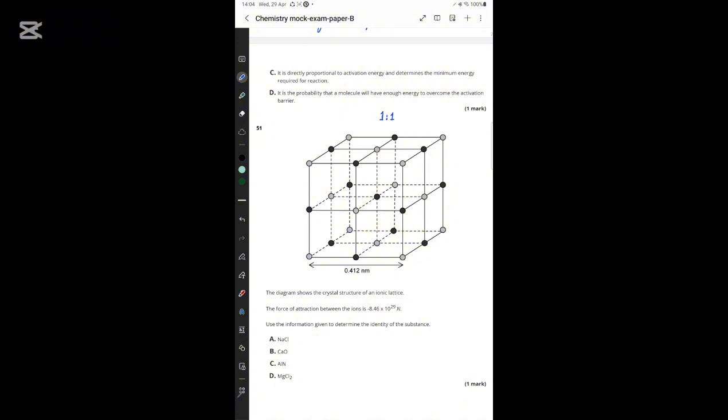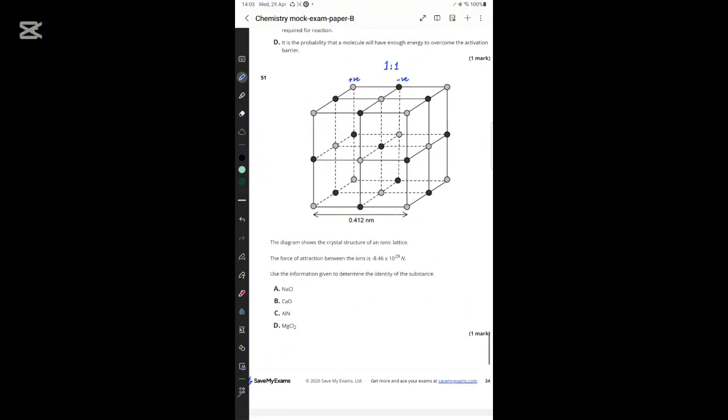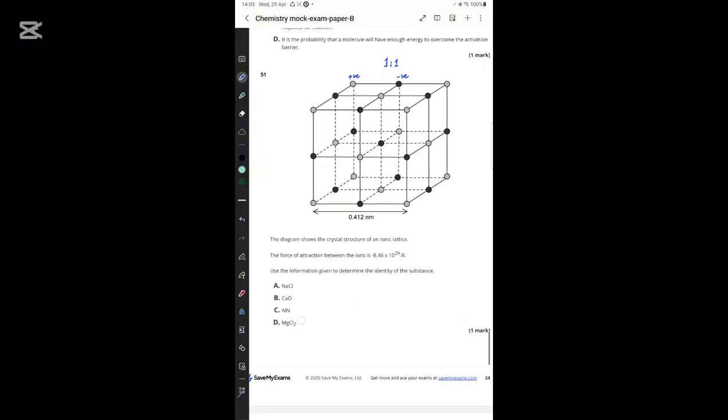Each is representing a positive ion, maybe this is a positive ion and this is a negative ion. So we have the same number of positive and negative ions. First of all they are 1:1, so this option is going to be cancelled out.